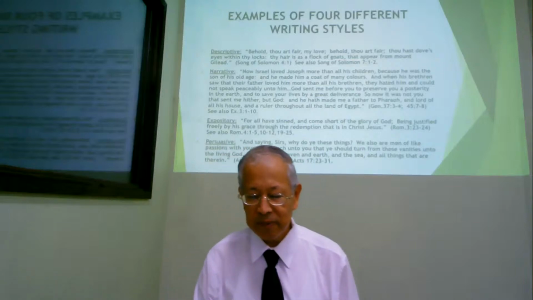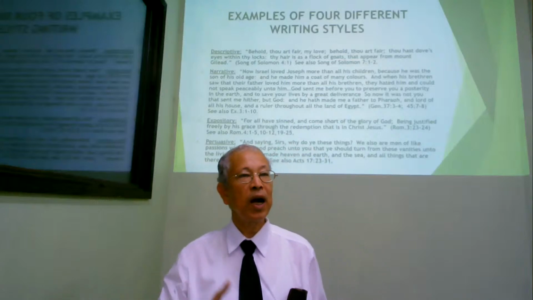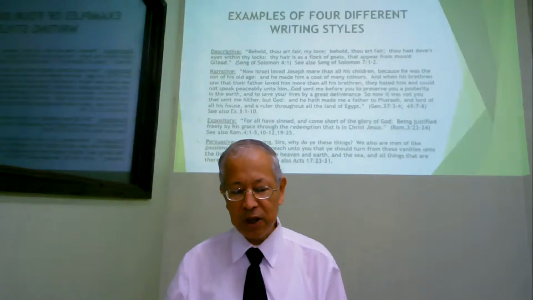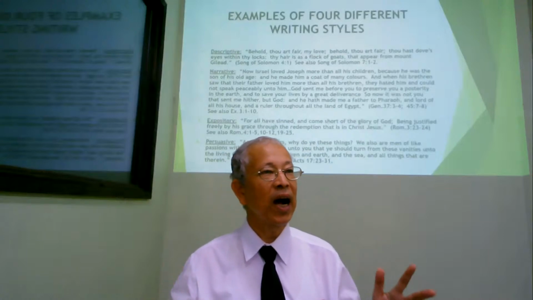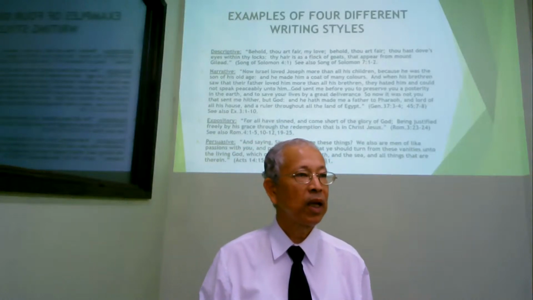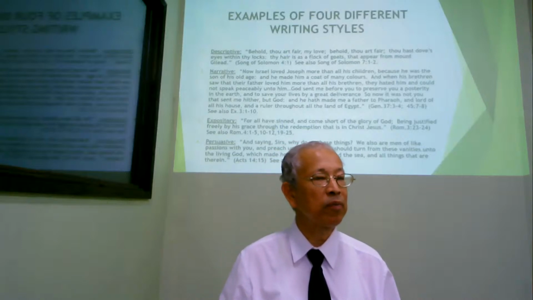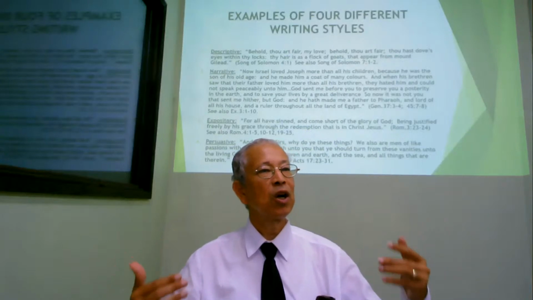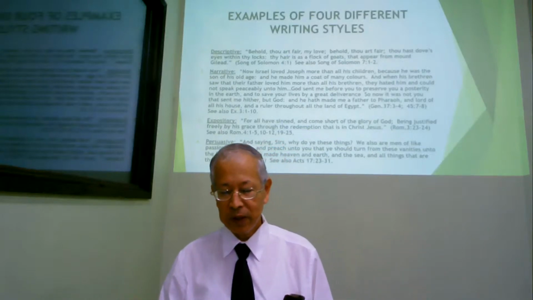Now notice, dove's eyes. Now, did this particular wife of Solomon literally have the eyes of a dove? No, this is what you call metaphor, an implied comparison. Her eyes resembled that of a dove.